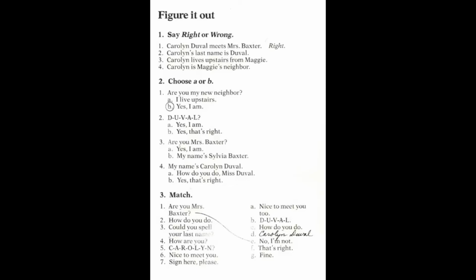So there are more. Exercise 3, match. There are some questions. On the other side, they have answers. And we should choose the right answer to each question. Again, we have an example. Number one is answered for us. Says, are you Mrs. Baxter? Part E, no, I'm not. This is the correct answer.